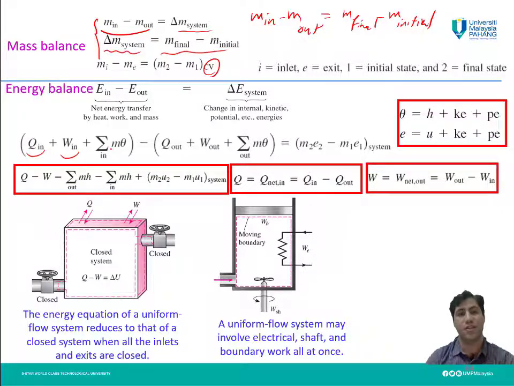which is the total energy of the flow which is coming to the control volume times the mass of the flow which comes to the control volume. This one, if we just expand it, theta is equal to H, enthalpy, plus kinetic energy plus potential energy.